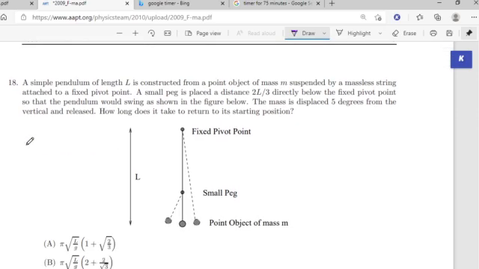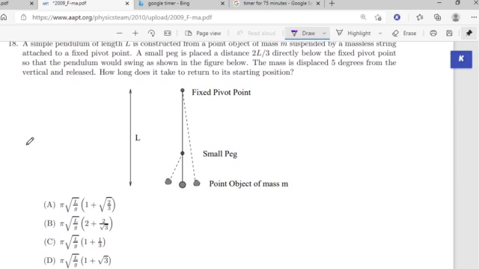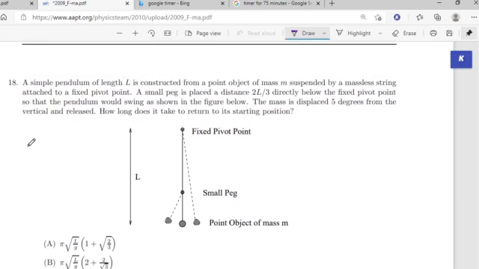Okay, this looks a bit tricky. A simple pendulum of length L is constructed from a point object of mass m suspended by a massless string attached to a fixed pivot point. A small peg is placed at distance 2L over 3 directly below the fixed pivot point so that the pendulum would swing.